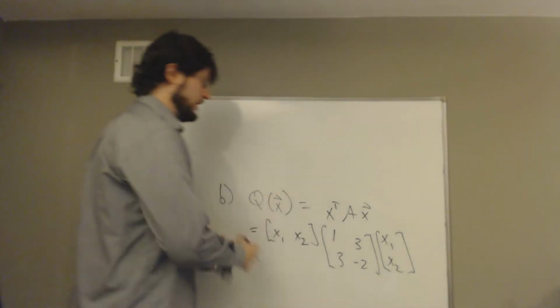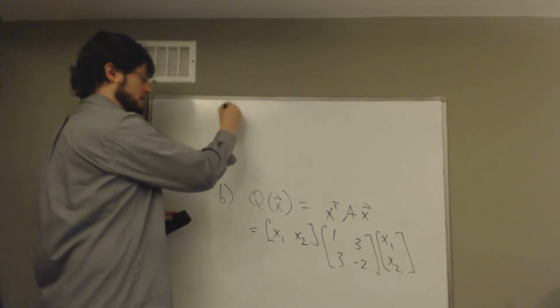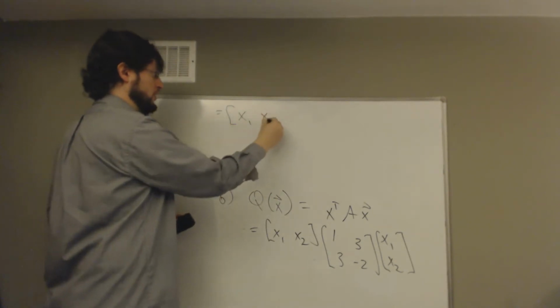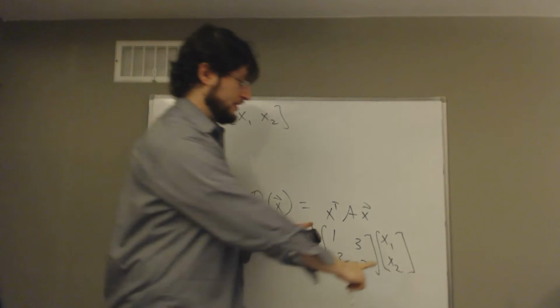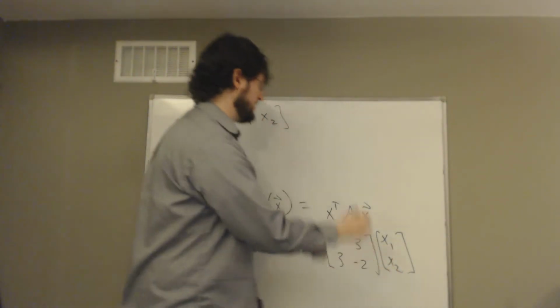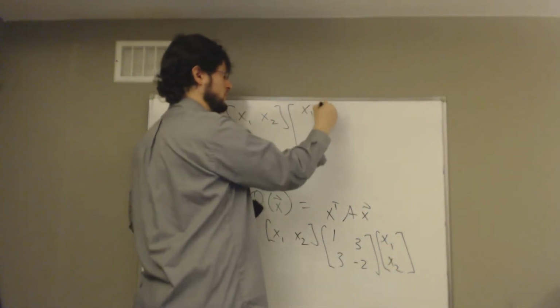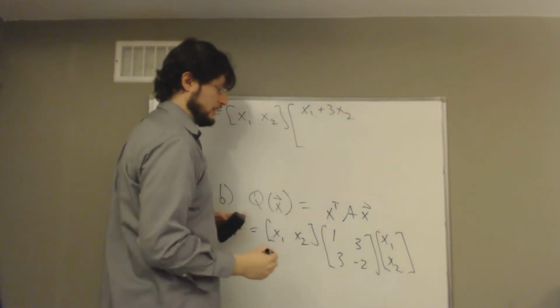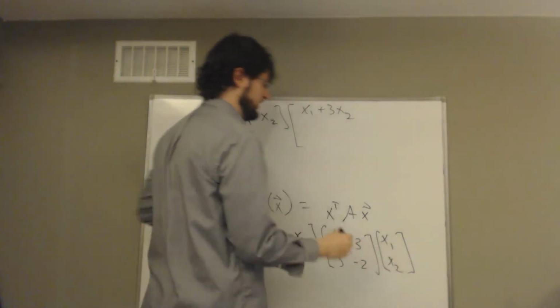Now, what happens if I try to simplify this? We'll do it in the same order as before. If I multiply these two, I get x1 plus 3x2, and I get 3x1 minus 2x2.